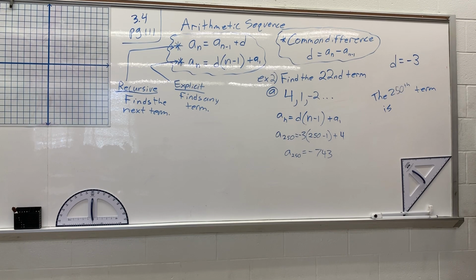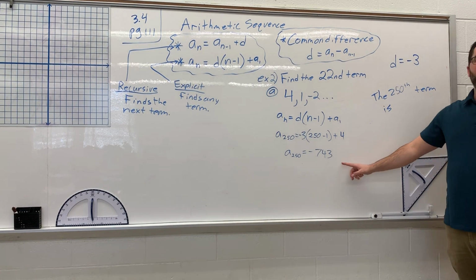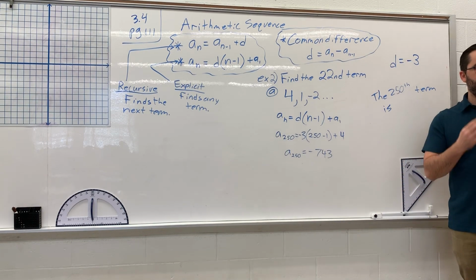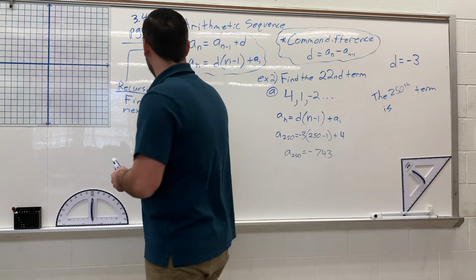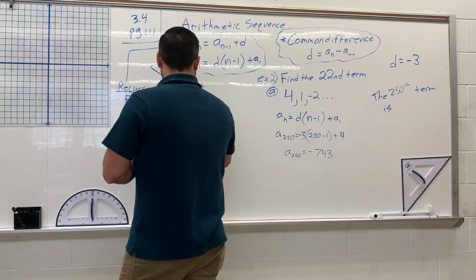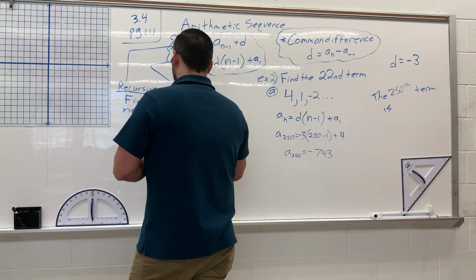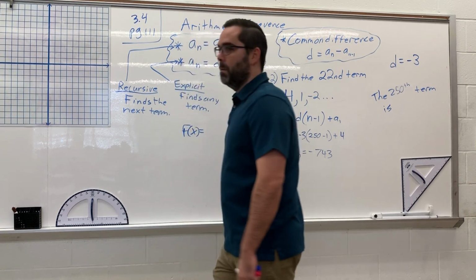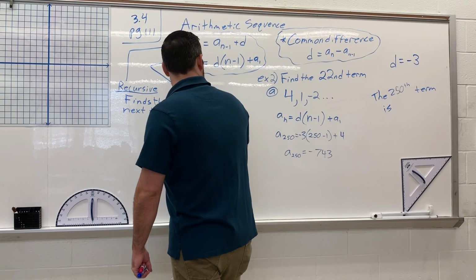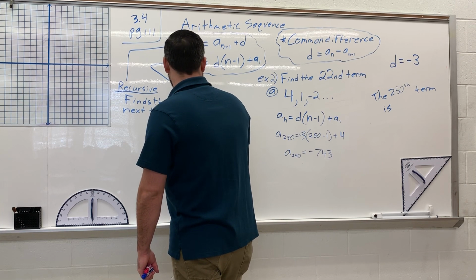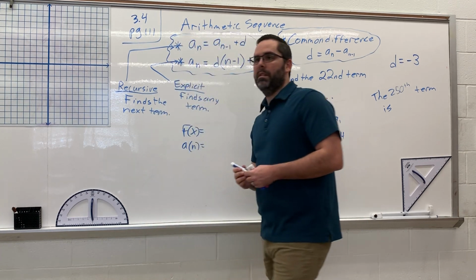Alright. So now let's read this and compare it to what we did yesterday. Yesterday we did f of x equals something, right? Well, now we're doing a of n equals something.